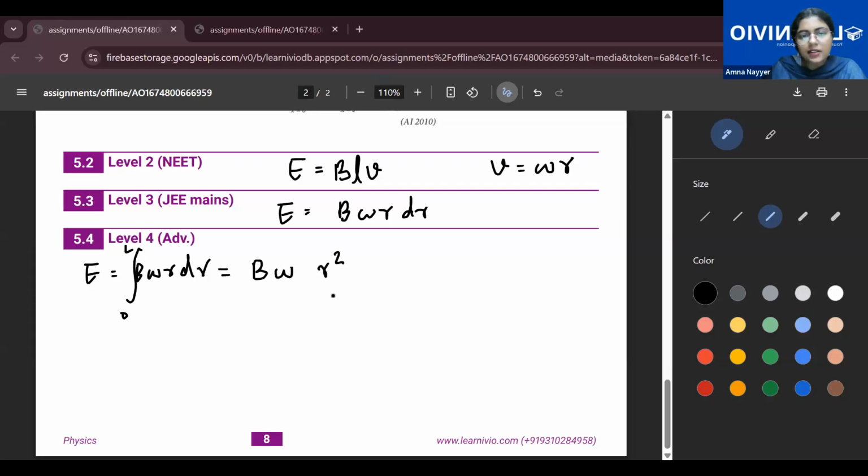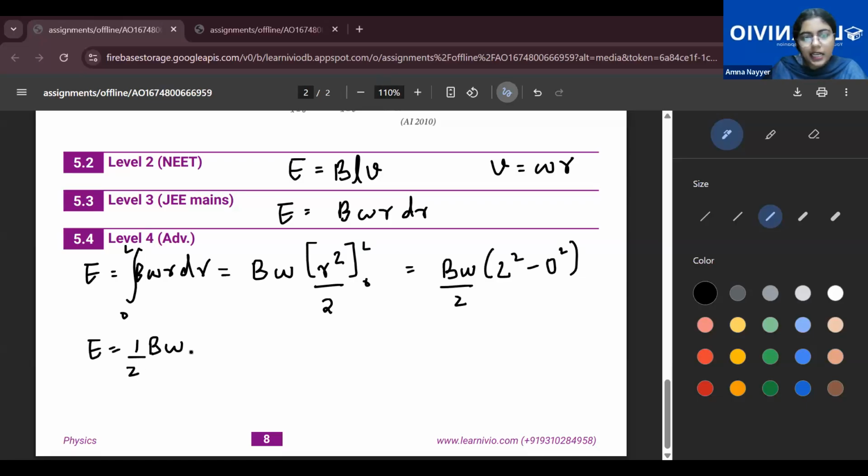R becomes R square divided by 2 from 0 to L. So that makes it B omega by 2 into L square minus 0 square. So EMF will come out to be half B omega L square. This is an important formula that is used directly also.